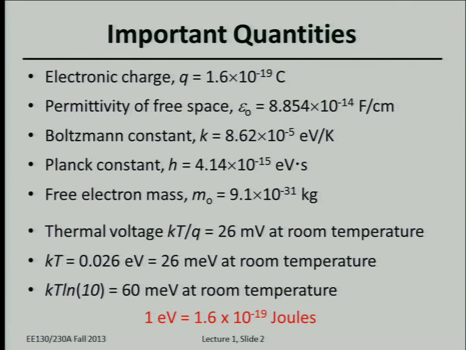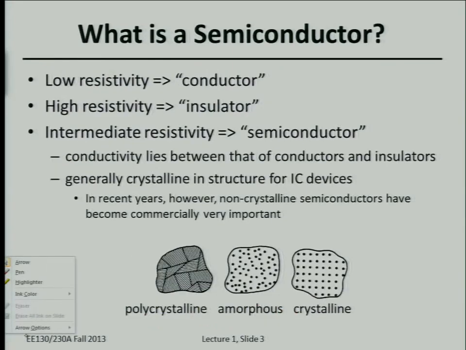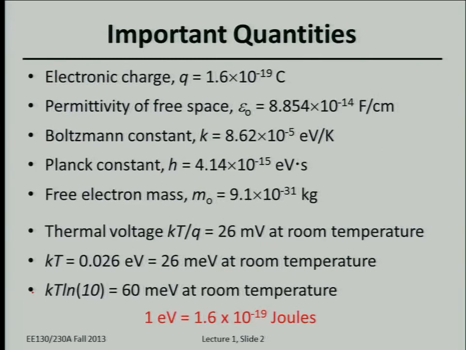Permittivity of free space, 8.85 times 10 to the minus 14 farads per centimeter. I want to point out that in this class, we generally will talk about volumes or dimensions in centimeters. Okay, it's not meters. So pay attention to that, so that your answers are not 2 orders of magnitude off.